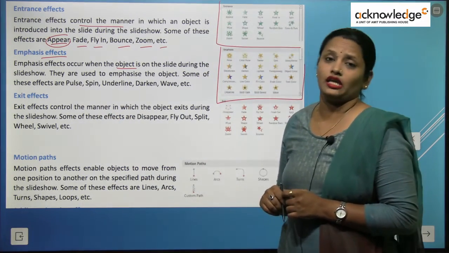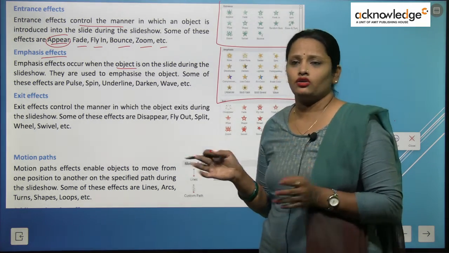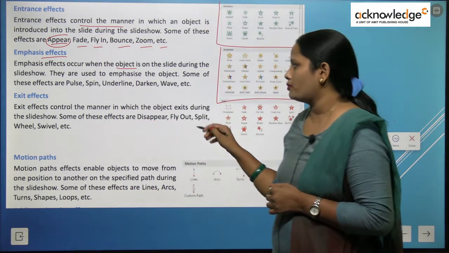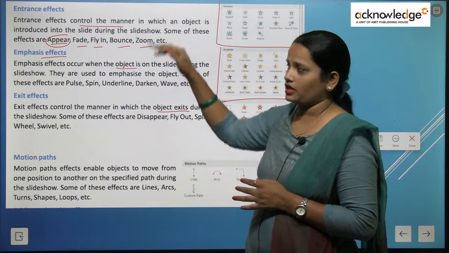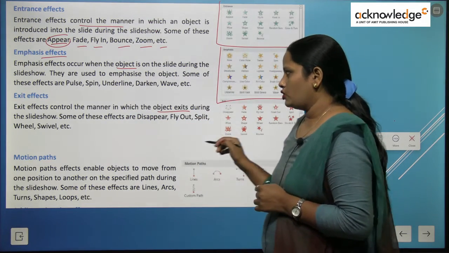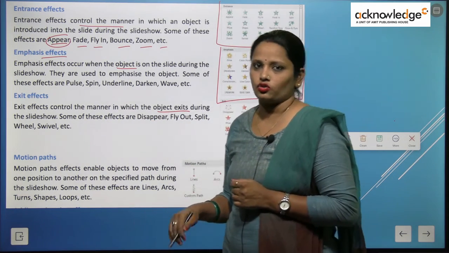Next comes exit effects. By the name only we can understand that exit means something that is going out. Exit effect controls the manner in which the object exits. So here is the entrance and here comes the exit. This controls how the object exits during the slideshow.